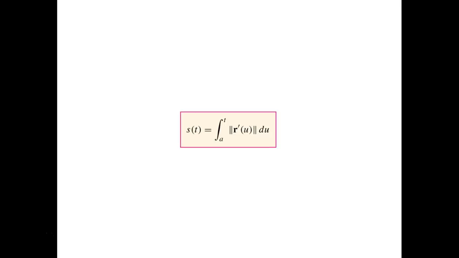If you go back to the one we just did, Theorem 1, you saw the arc length between 2 points was the integral from t equal a to t equal b of the magnitude of r prime of t dt.